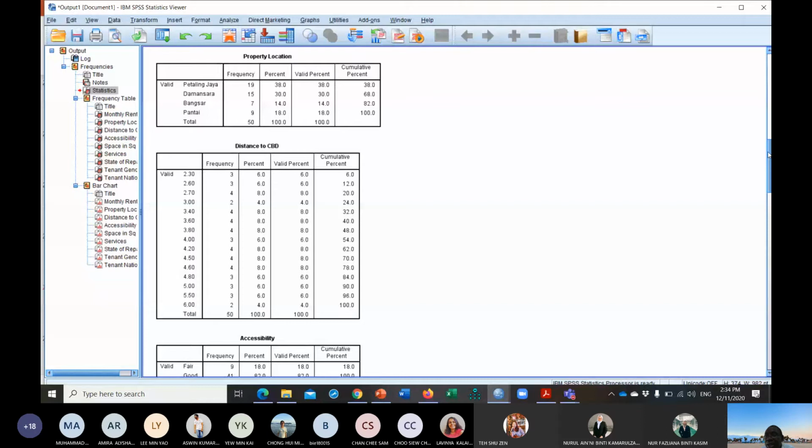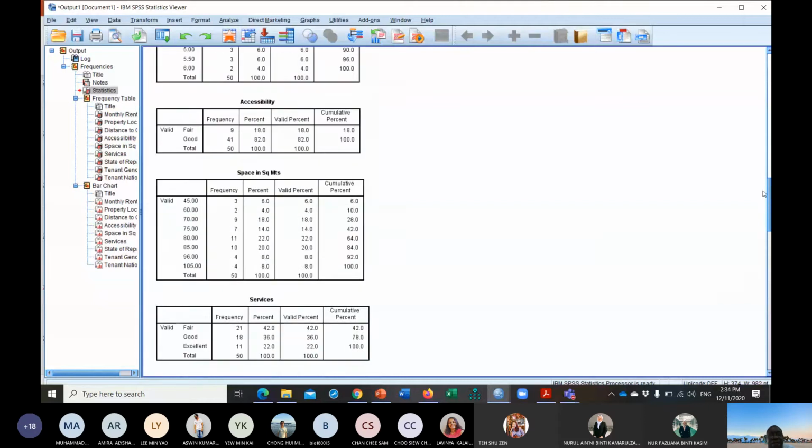And then we look at how many people have accessibility to their area to be good or fair, and how many people have good services or excellent services. In terms of space per square meter, we can quickly see through this frequency distribution how many people are having a large space or small space.